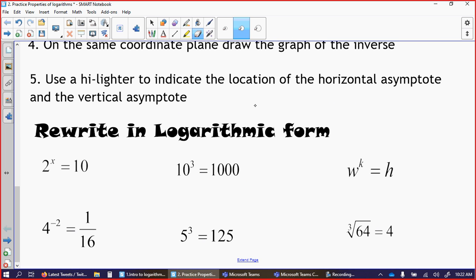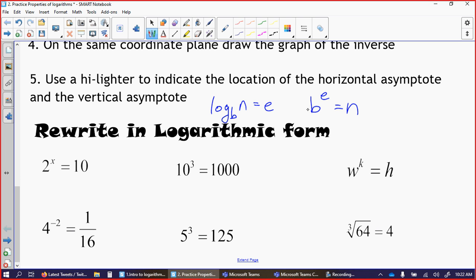There's an old kind of acronym, Ben the Log Bunny. Log b to the exponent equals n.